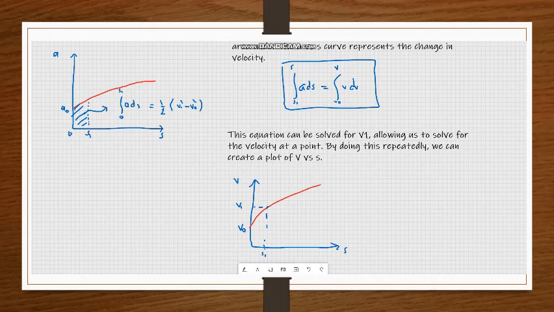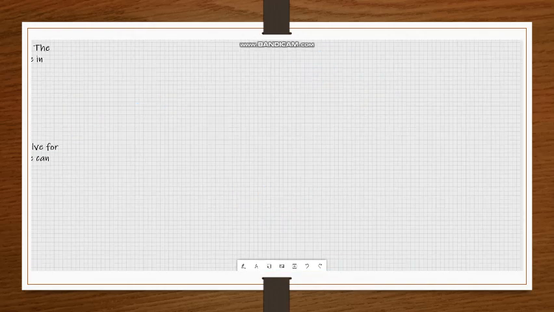We can solve examples and then understand better. The last one is the velocity and S. Lastly, we will cover the velocity versus position graph.